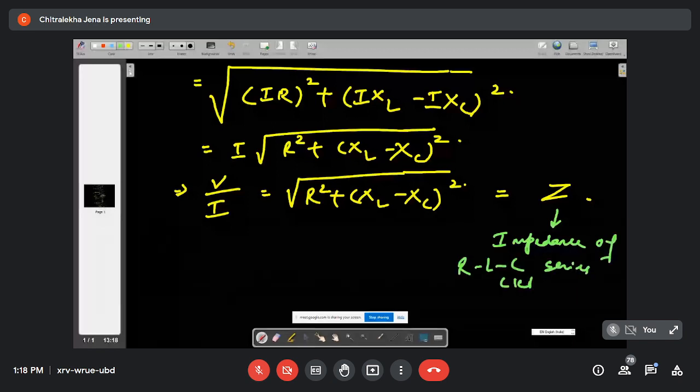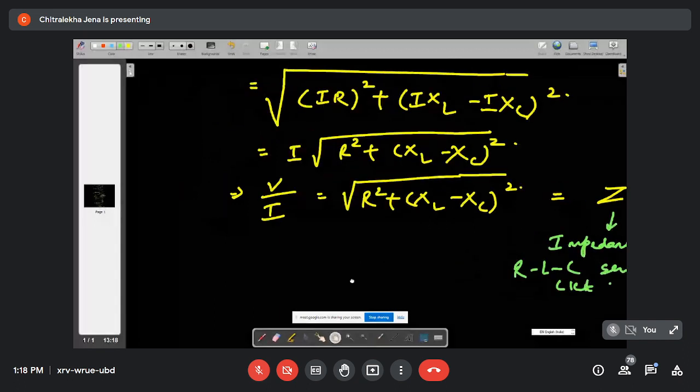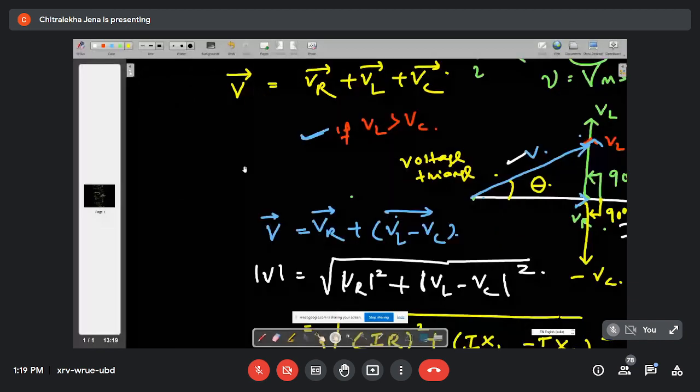Now, all of you have written this triangle that I have drawn as the voltage triangle. Mention here, this is theta. This triangle is called the voltage triangle. Now if I divide all three sides by the current, which triangle will I get?